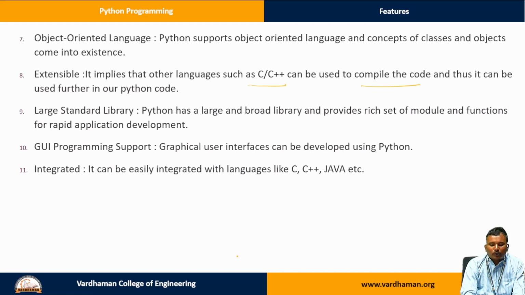And GUI programming support, so using Python we can develop graphical user interface based applications. We have many modules and libraries to support developing GUI based applications. And it's an integrated language, so Python code can be integrated in other programming languages such as C++, Java. So we can write the code and that code can be included in other programming languages.